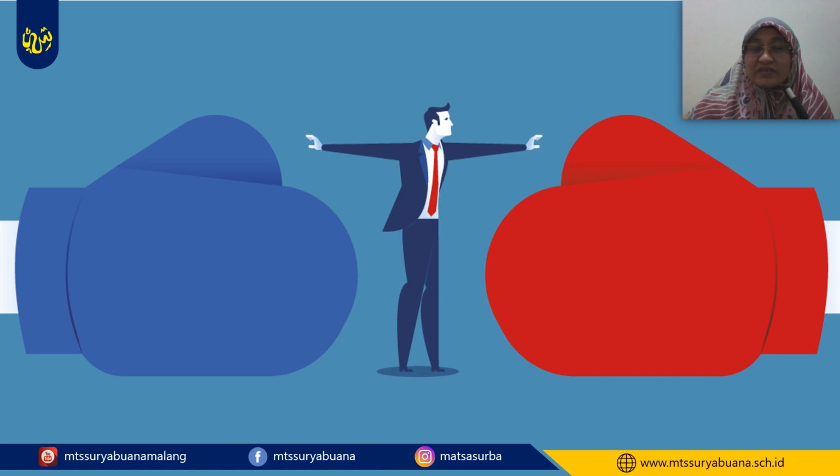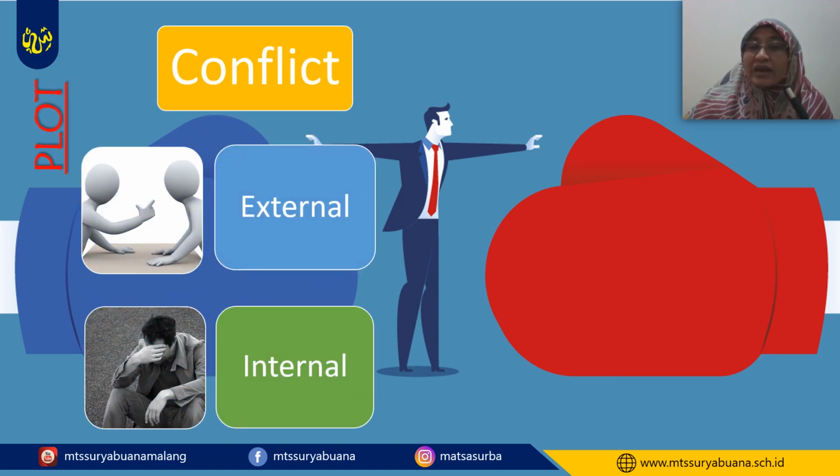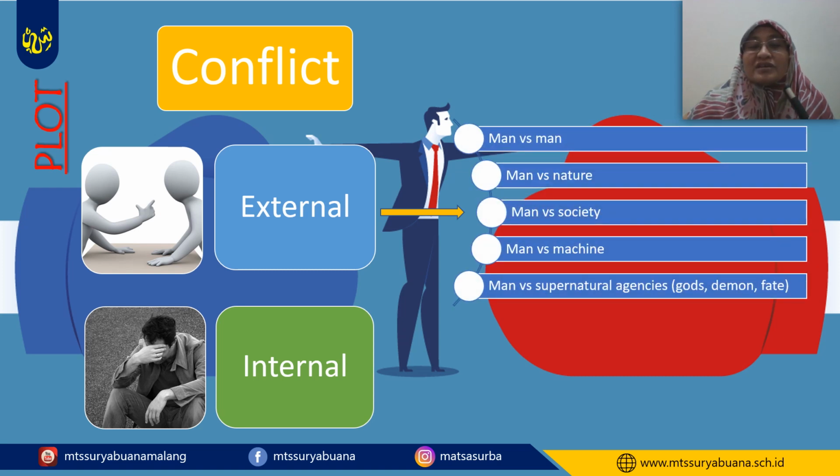Let's talk about conflict in a story. There are 2 kinds of conflict. The first one is external conflict. External conflicts are usually conflicts between man versus man, man versus nature, man versus society, man versus machine, or man versus supernatural agencies such as gods, demons, or fate.